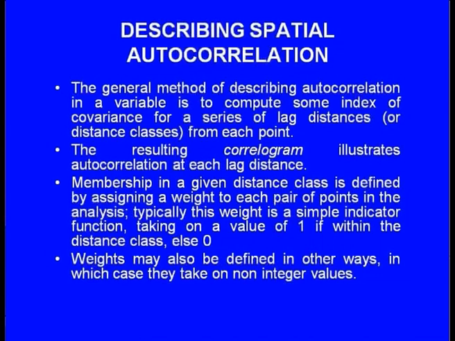Membership in a given distance class is defined by assigning a weight to each pair of points in the analysis. Typically, this weight is a simple indicator function taking on a value of 1 if within the distance class or else 0. Weights may be defined in other ways, in which case they may take on non-integer values.